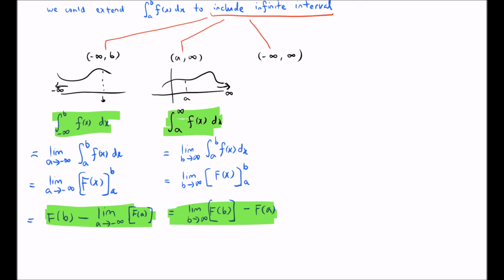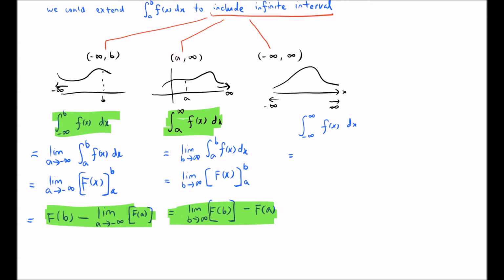Lastly, we have negative infinity to infinity. Of course this is your x-axis. So how do we do our integration? Our integration will be negative infinity to infinity of f(x) dx. But how do we split the limit?